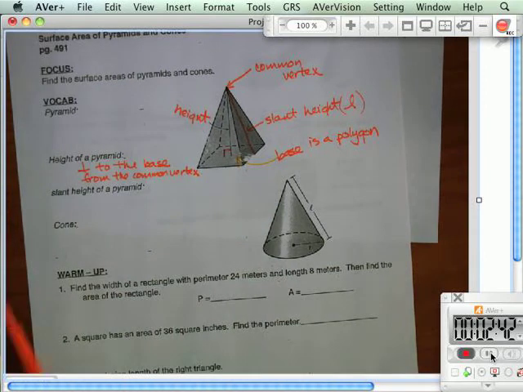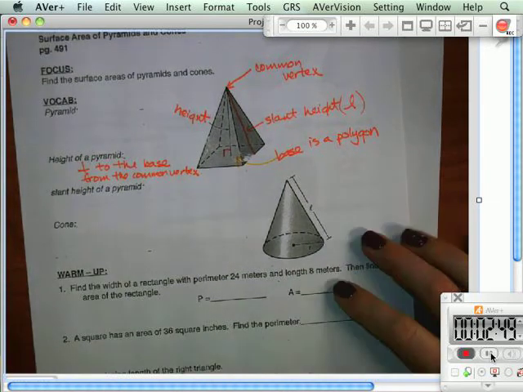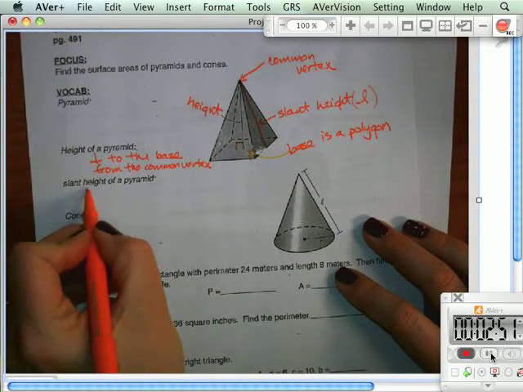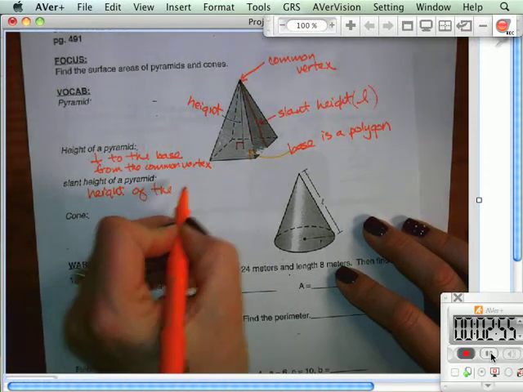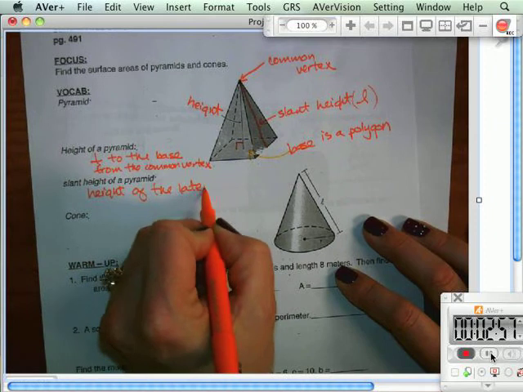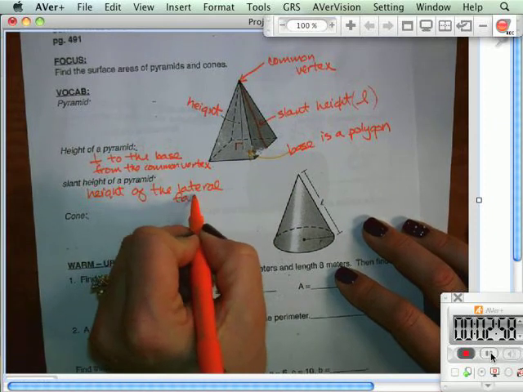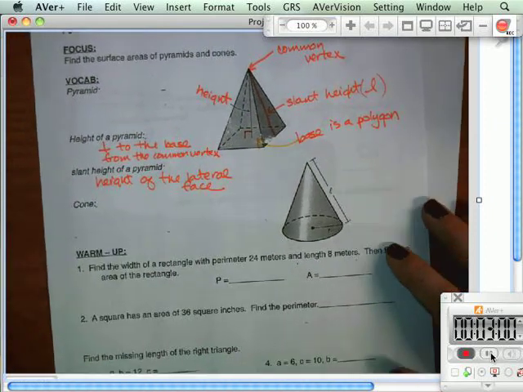The slant height is the height of the lateral face.